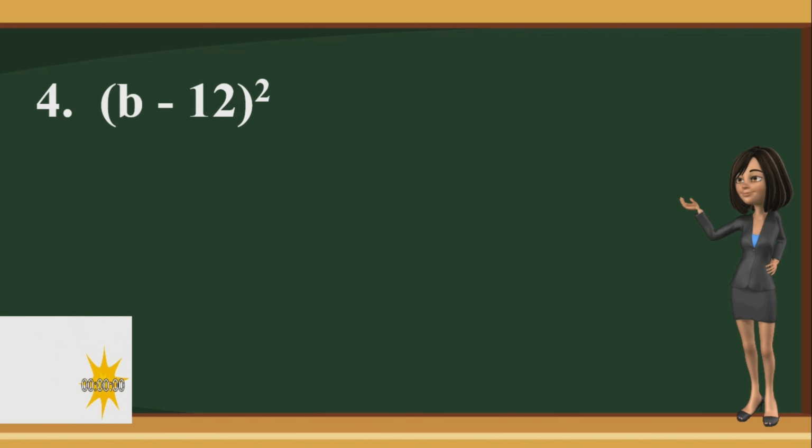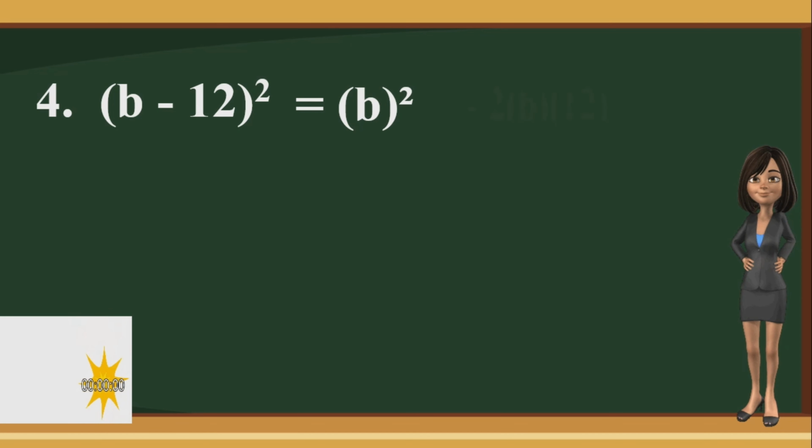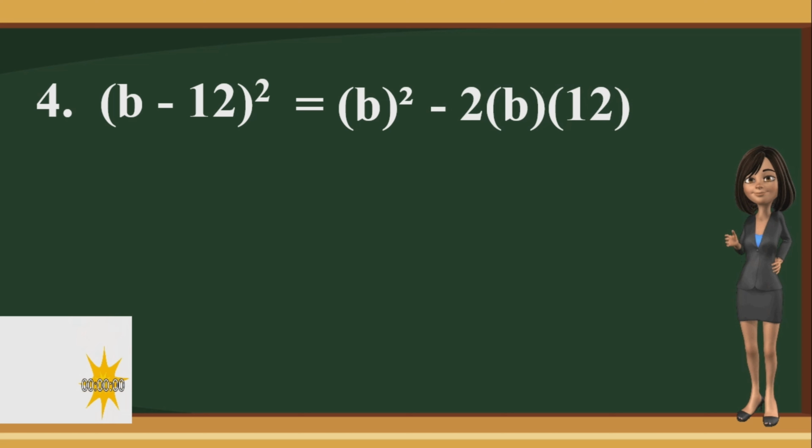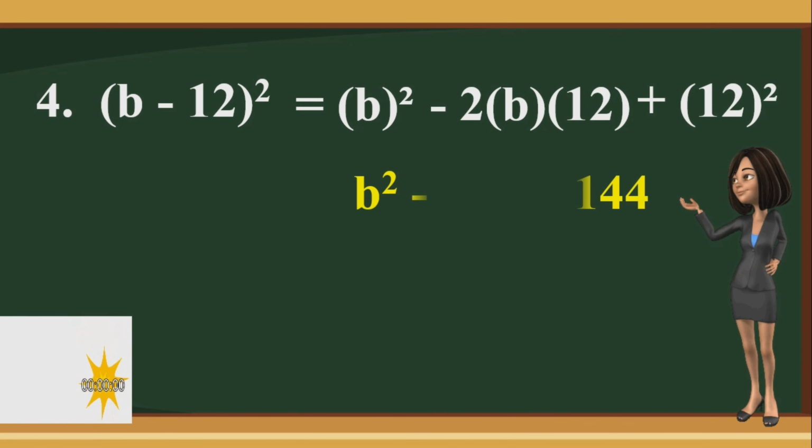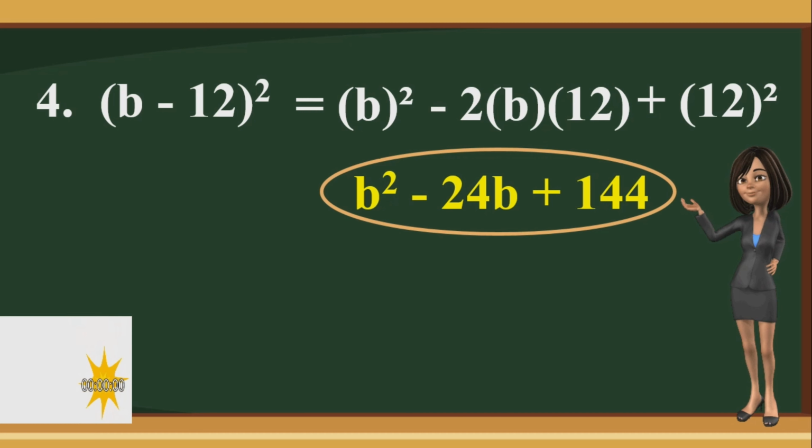Okay, let's see the answer. That is b squared minus 2 times b times 12 plus 12 squared. The answer is b squared minus 24b plus 144.